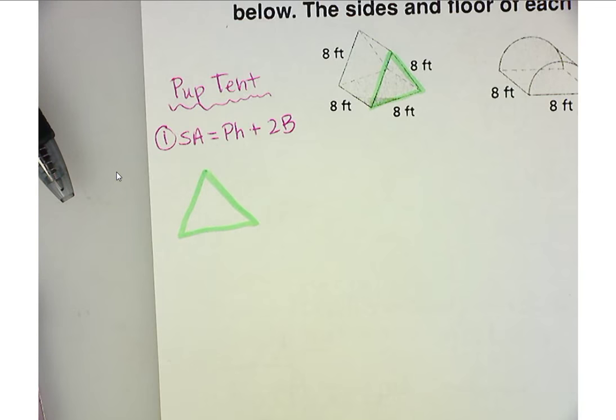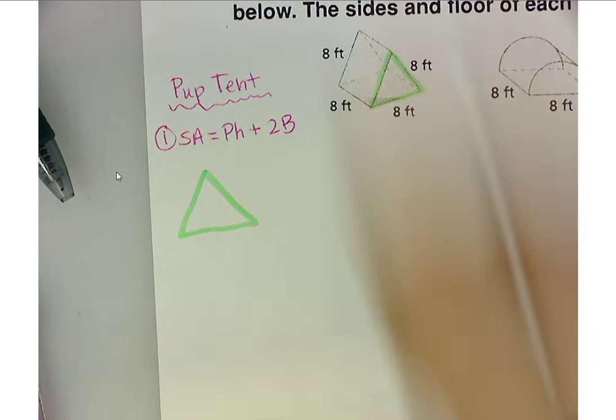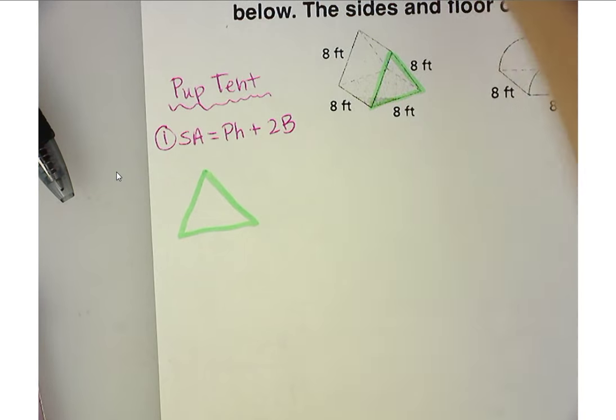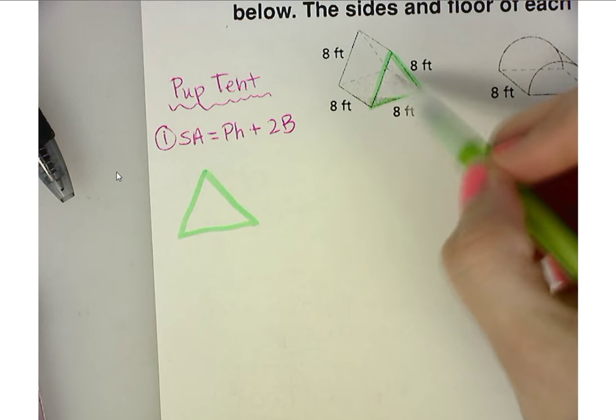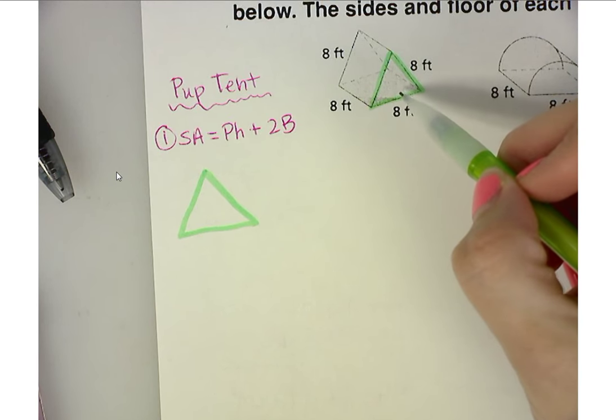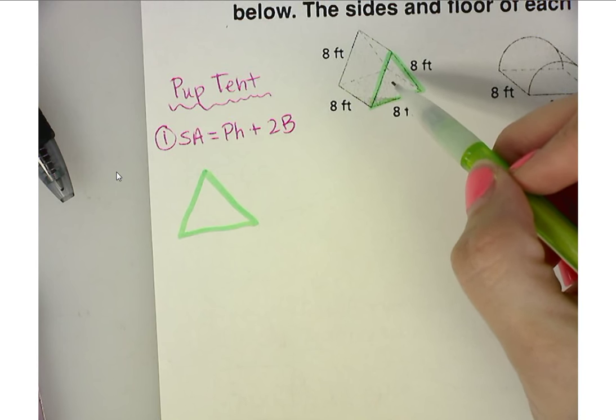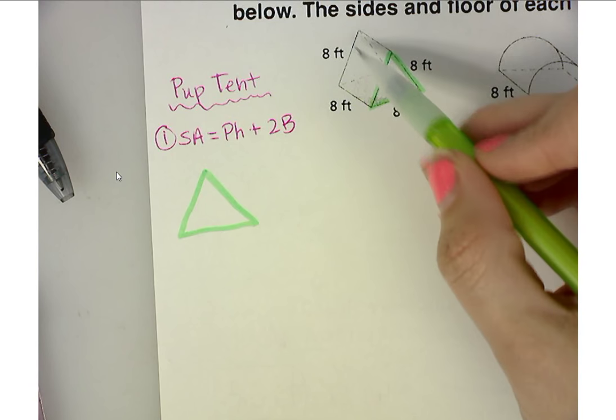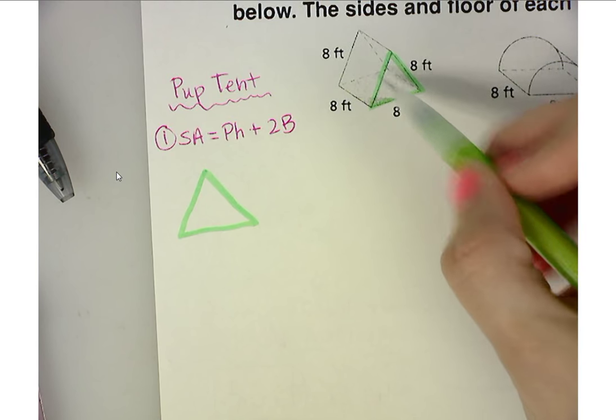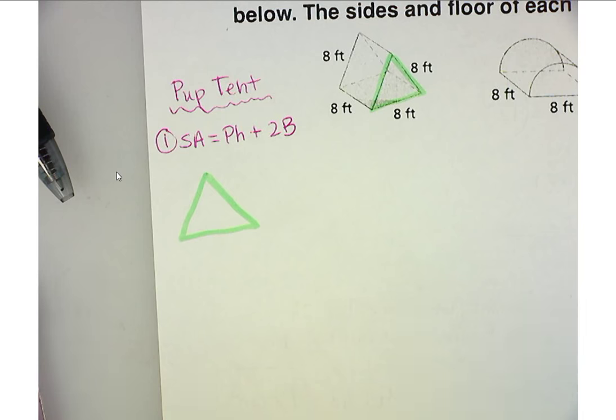What's that? Right, so we understand that this is going to be the base of the tent, right? Okay, so the bases have to be parallel to each other. So this triangle is going to be parallel to this triangle. So we know that those are the 2 bases.